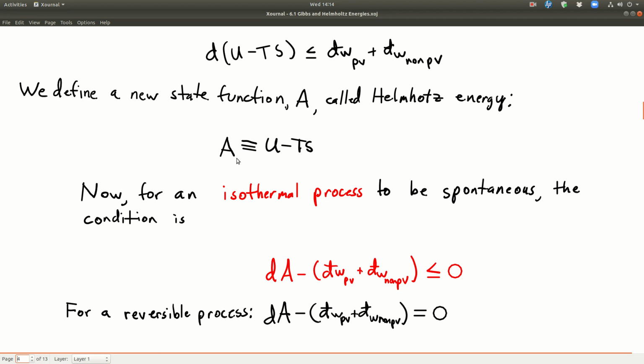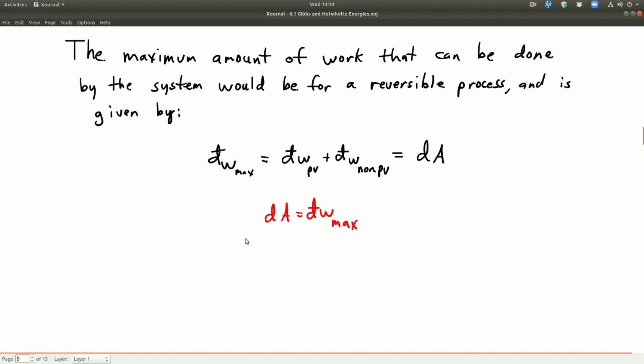So Helmholtz energy talks about isothermal processes, with both kinds of work, PV and non-PV. The maximum amount of work that can be done on or by the system for a reversible process is the sum of the two types of work, which is equal to, when it's reversible, dA, the differential of the Helmholtz energy.